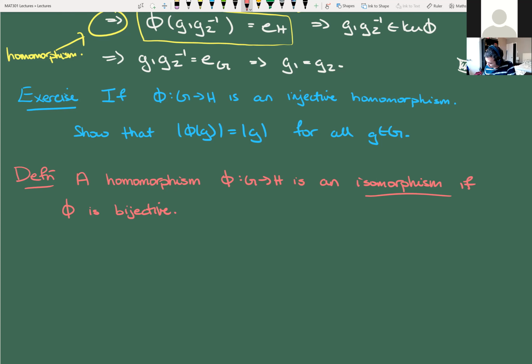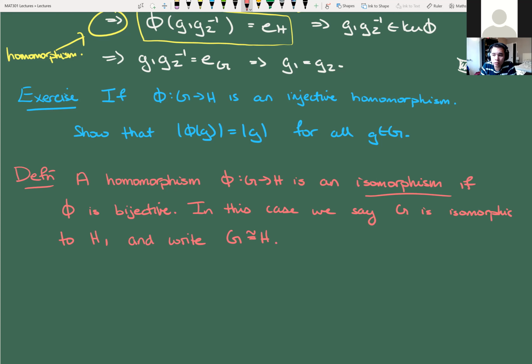Okay, in this case, we say G is isomorphic to H, and the way that we write that, same way as in linear algebra, we write G isomorphic to H like that. Okay, so two groups are isomorphic precisely when there's an isomorphism between them.